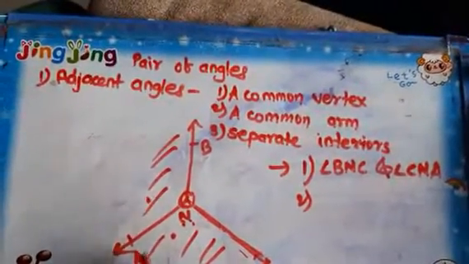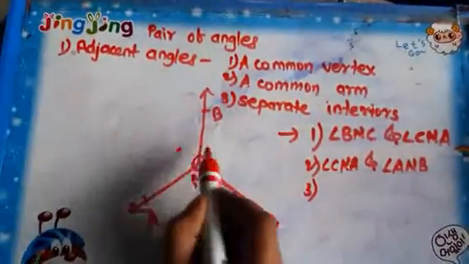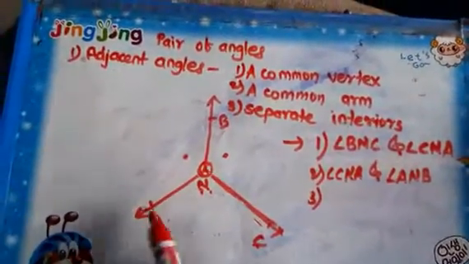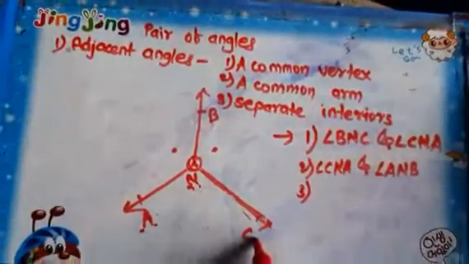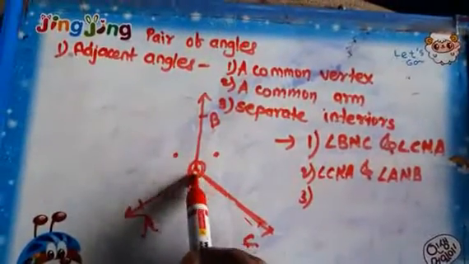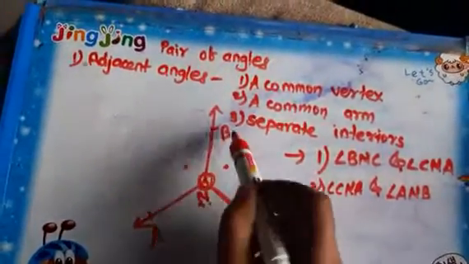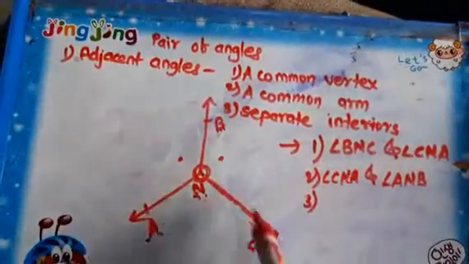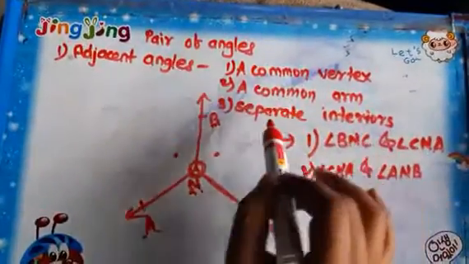CNA and ANB. Next, for these two pairs we will check ANB and BNC. They are having common vertex N. The common arm for these angles, ANB and BNC, is this BN. So the second condition is also satisfied.